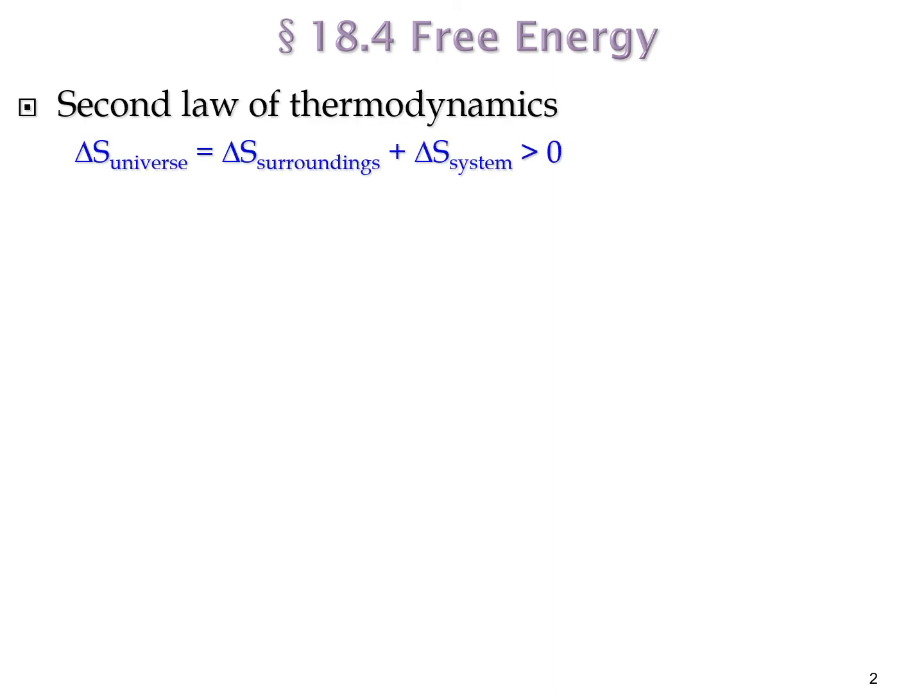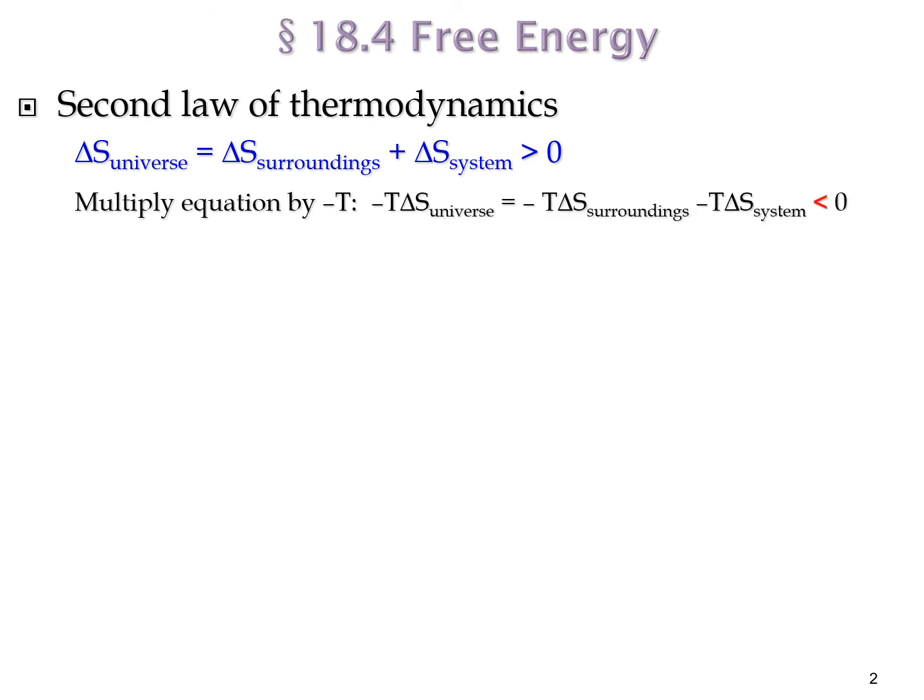Let's go back again to the second law of thermodynamics. Delta S of universe equals delta S of surroundings plus delta S of system, greater than 0. Now this time, we are going to multiply by negative T on all the sides, left, middle, and right.